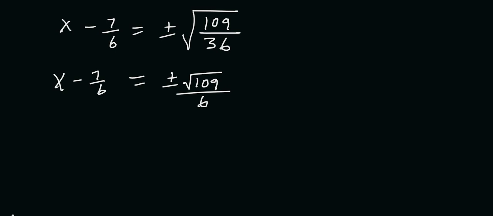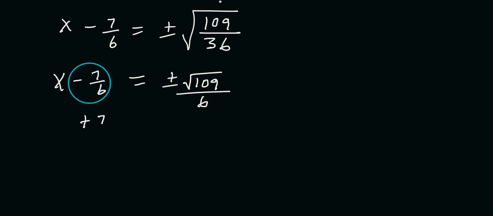So now we are going to isolate x, and to achieve that, we are going to add 7 over 6 to both sides. You know, this is negative 7 over 6. So to eliminate this from here, we are going to add 7 over 6 to both sides. So let's do that now.